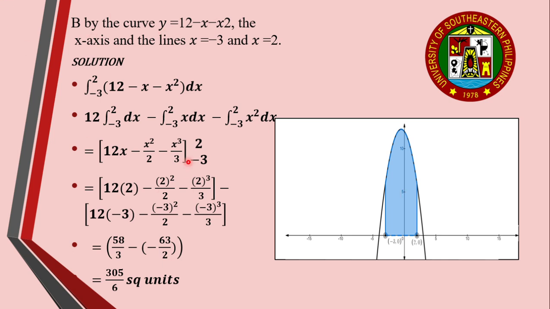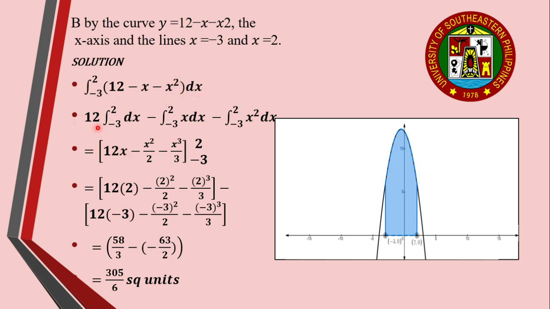So we're going to apply the integration. We're going to integrate 12 minus x minus x squared from negative 3 to 2 with respect to x. We're going to separately integrate the function by terms to make it easier to understand. Term 1, term 2, term 3. So it is a trinomial.